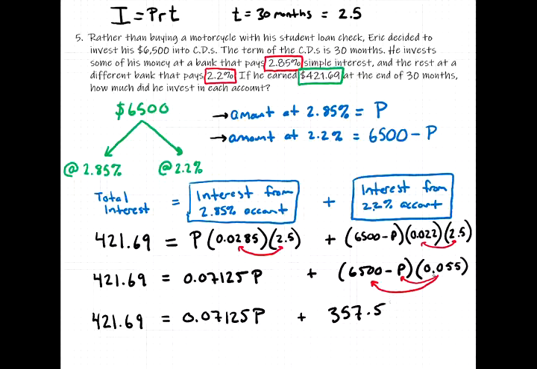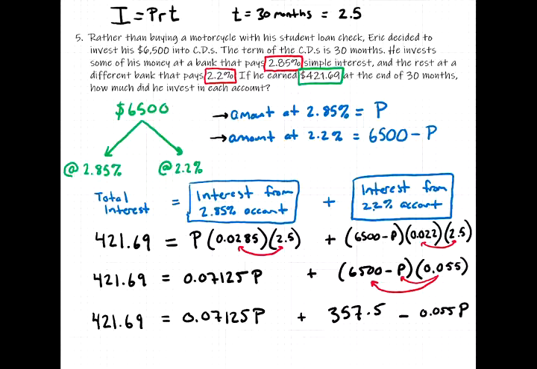And then we have the 0.055 times the minus P, so that'll be a minus 0.055P. All right, so we have two terms here, so we could combine them, just like we could say 2p plus 3p equals 5p. So we have the same thing going on here, just the numbers aren't as nice.